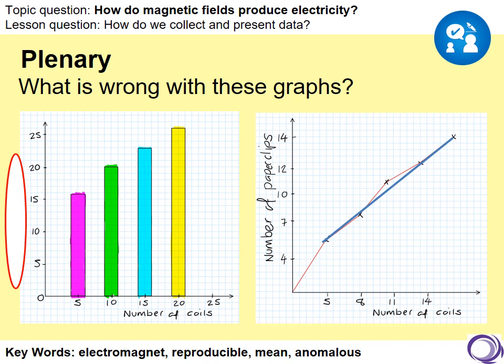So they've gone from 0 to 4, and that's taken 5 little squares, and then they've gone from 4 to 7, which is an increase of 3, and they've given that 6, and then they've gone from 7 to 10, which is 3 again, but this time they've gone 4. So you can see that it's not a consistent scale, so that would also be a problem.